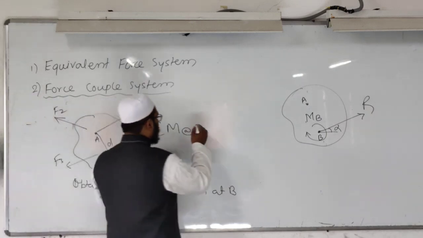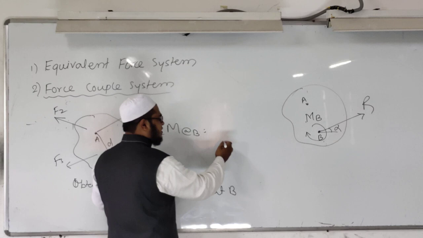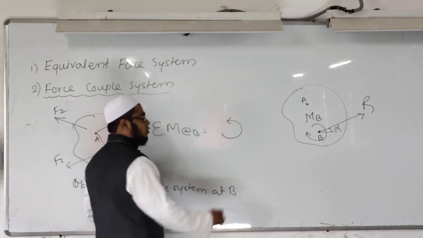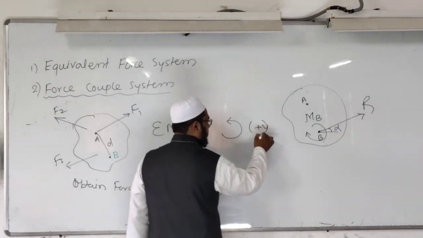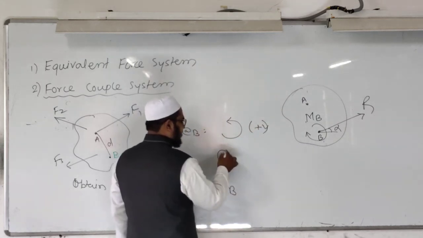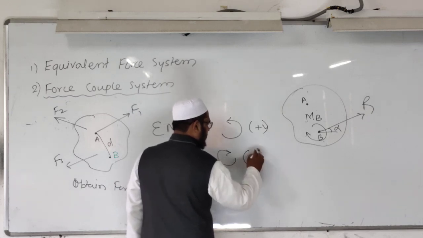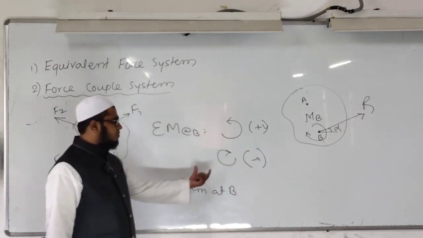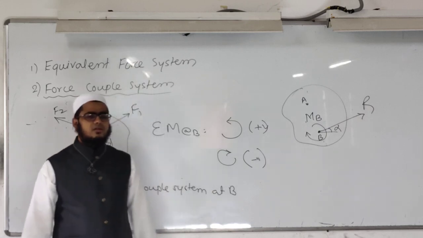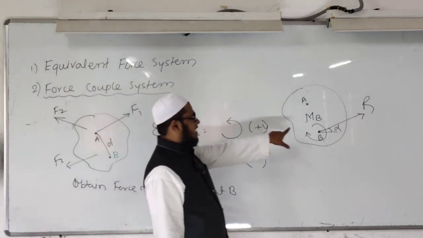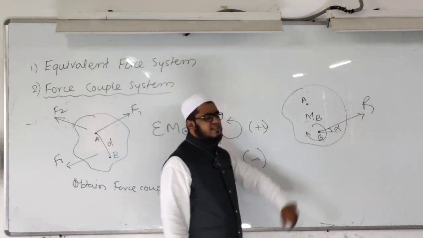If the moment comes with a positive sign, it has anticlockwise orientation. And if the value of the moment is negative, then the moment is clockwise. The same we have to show as a couple at the desired point.